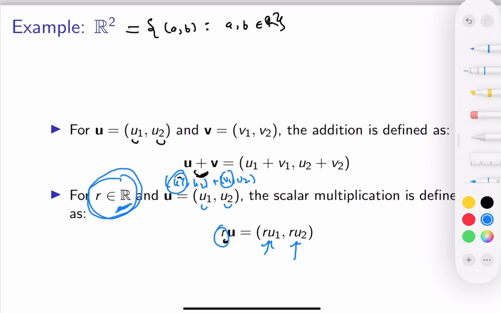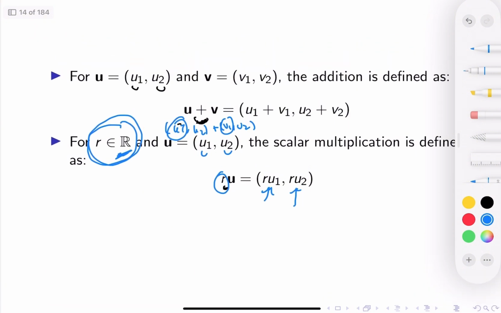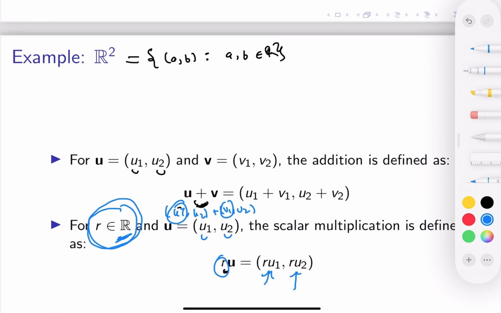Now we defined R2 as a candidate for a vector space, and you notice here that closure is immediate. Why? Because if we add two such vectors, this number is in R and this number is in R, so this whole thing is still in R2.